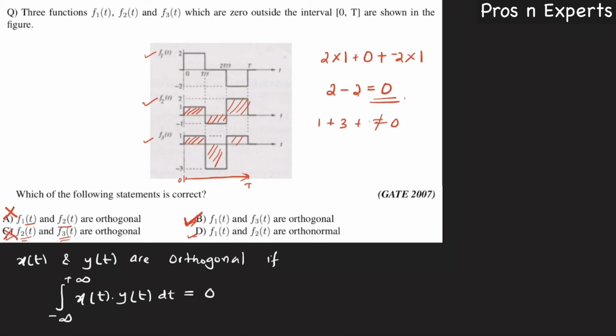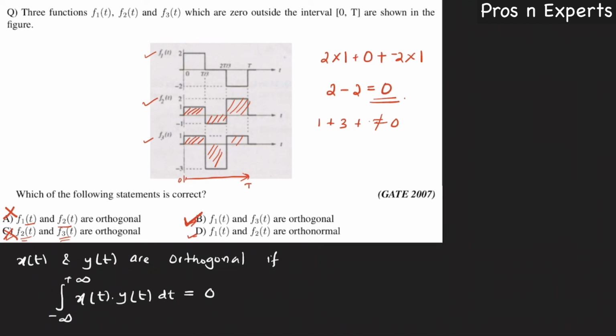Now the last option D: f1 of t and f2 of t are orthonormal. Orthonormal signals are orthogonal signals with unit magnitude, so they should first be orthogonal.